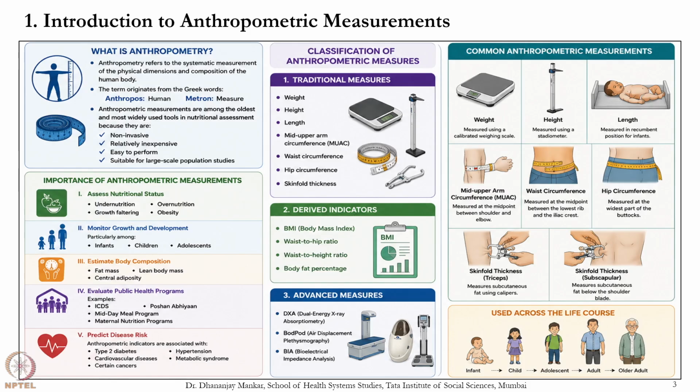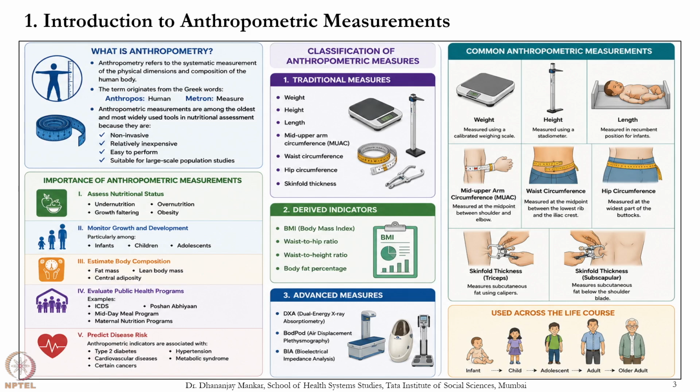There is a small strip which can be used to measure this. The waist circumference is measured with a tape at the midpoint between the lower rib and the iliac crest. The hip circumference is measured at the widest part of the buttocks.